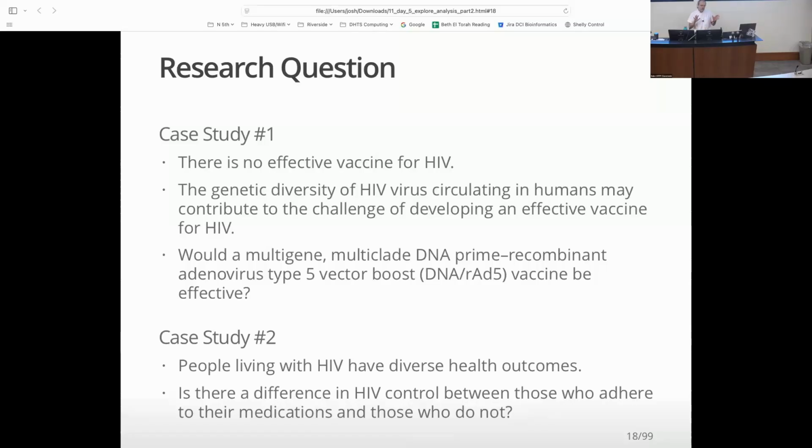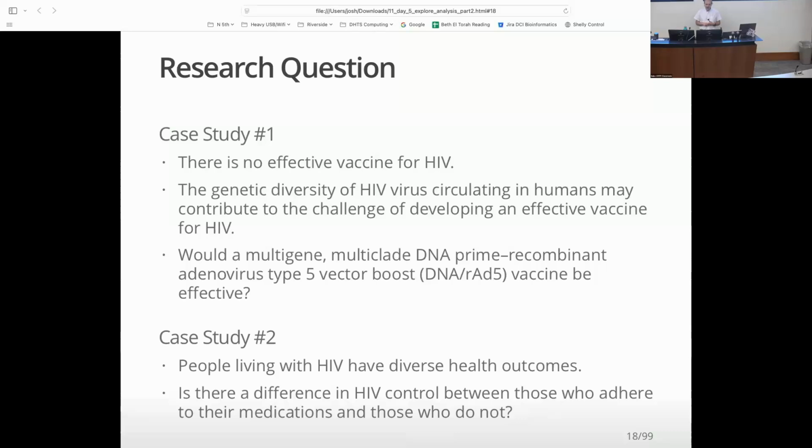So again, the initial observation is there's no effective vaccine for HIV. A somewhat more detailed observation is that the genetic diversity of the HIV virus circulating in humans may contribute to the challenge of developing an effective vaccine for HIV.